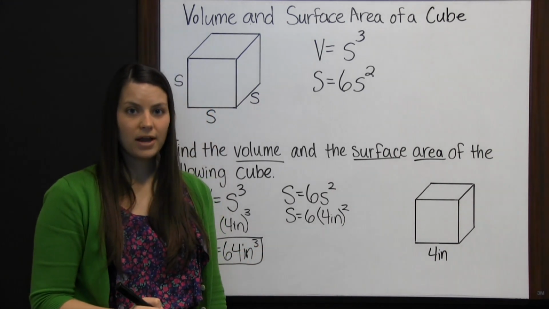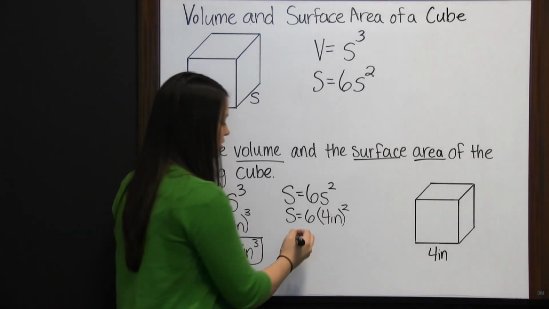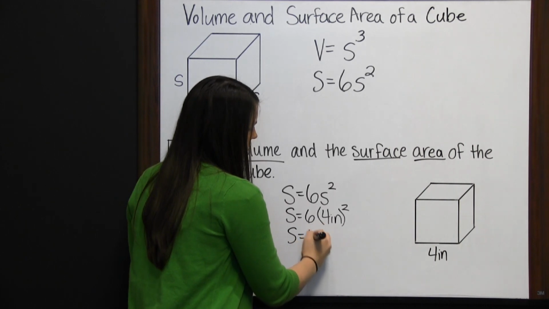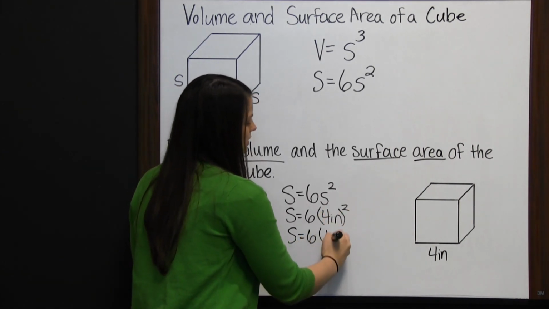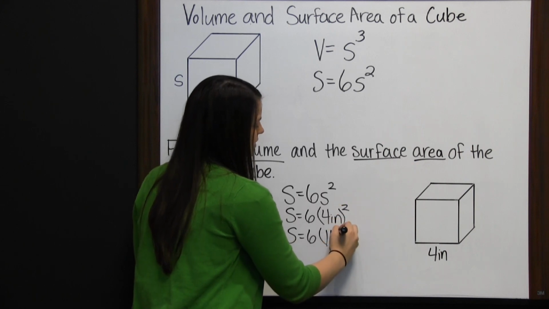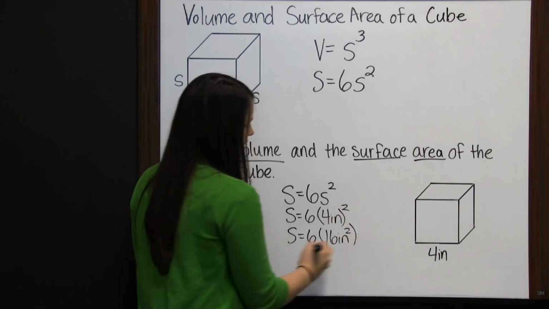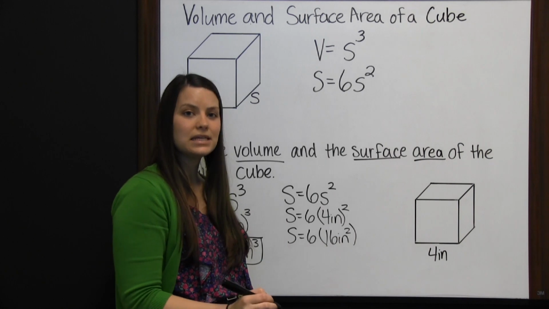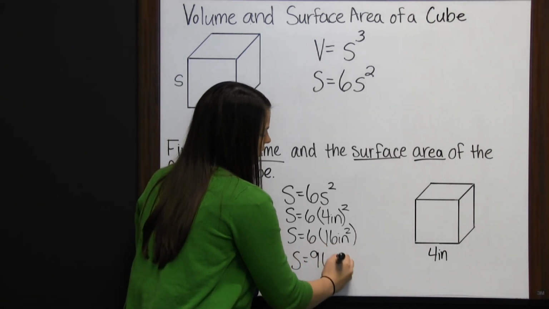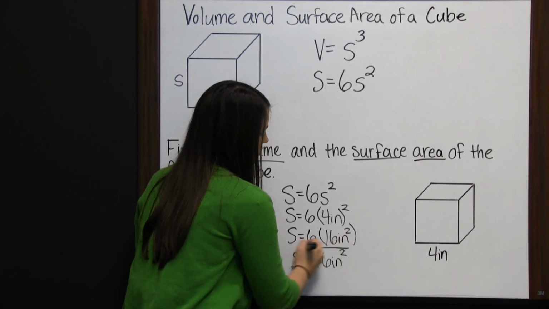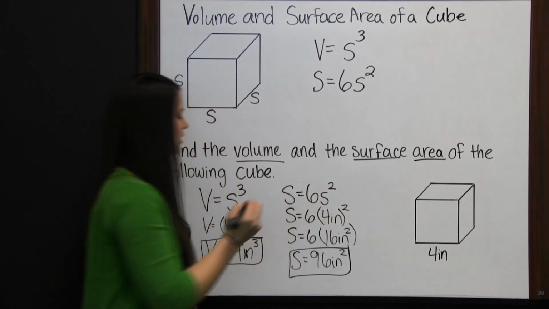Following our order of operations, we're going to square 4 inches first. So the surface area is 6 times 4 inches squared. 4 squared is 16. Inches squared is inches squared. And then 6 times 16 inches squared is 96 inches squared. So that's our surface area.